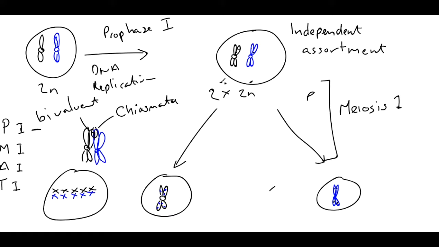Now everything's straightforward from there. You will have your spindle fibres attached, exactly the same. And when the spindle fibres retract in anaphase 1, so when these get pulled apart, you're just going to end up with these different chromosomes.